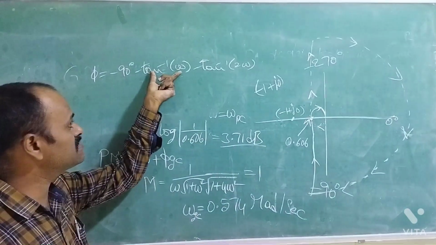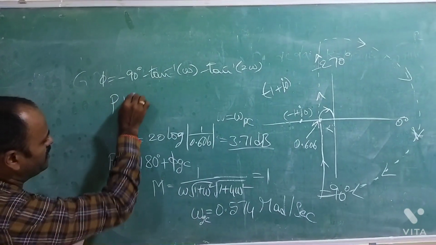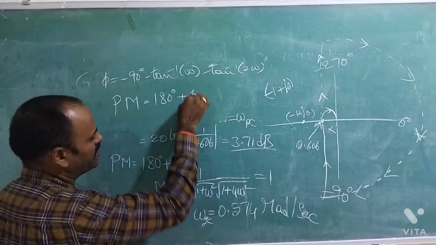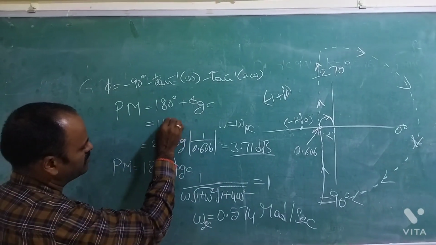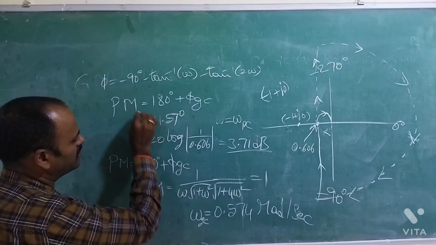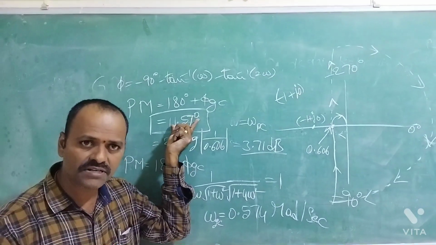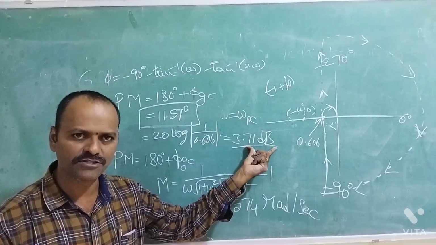After substituting this omega GC here, finally the phase margin can be obtained by 180 plus phi GC. So this we get 11.57 degrees. 11.57 degrees is the phase margin, and here 3.7 dB is the gain margin.